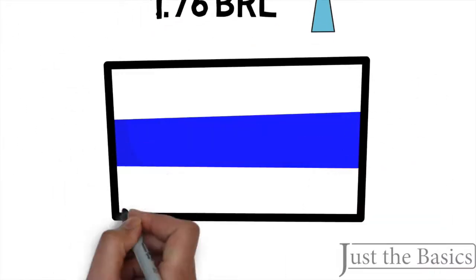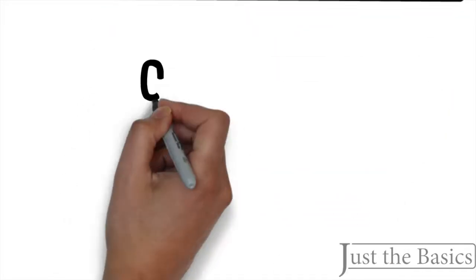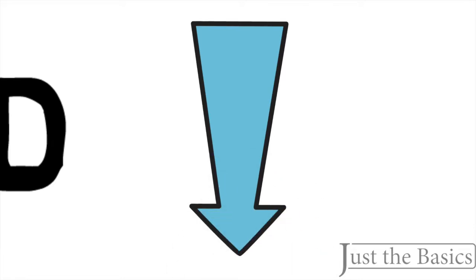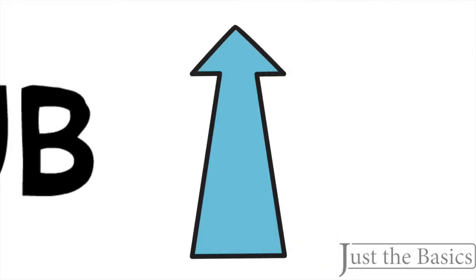What happened to Russian milk? It decreased by 29 cents USD, but increased by 23 ruble 61. So despite the fact that the cost of milk decreased in USD, it actually costs you more in those two native currencies at the end of the day.